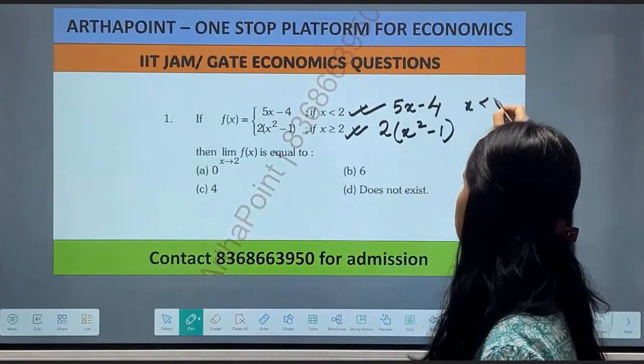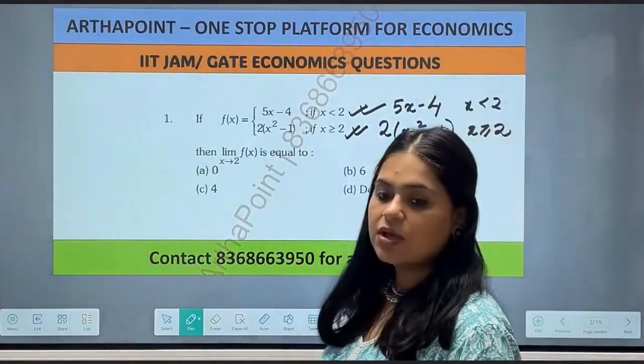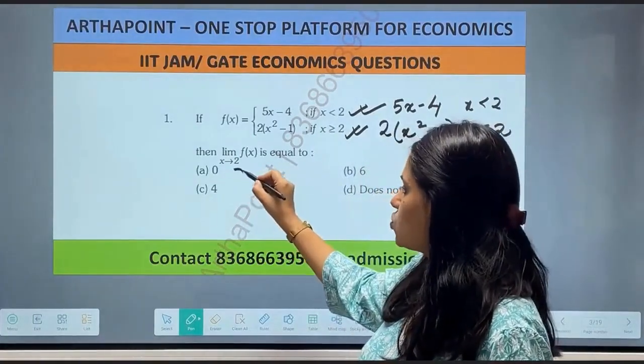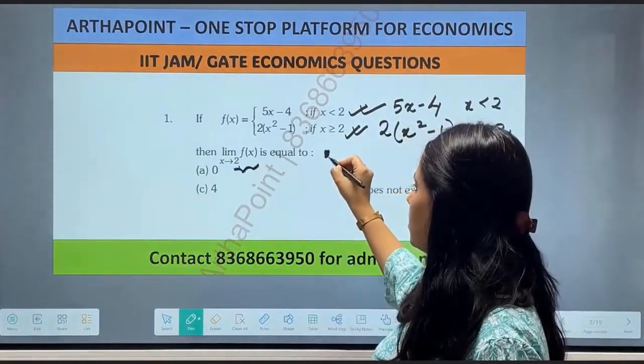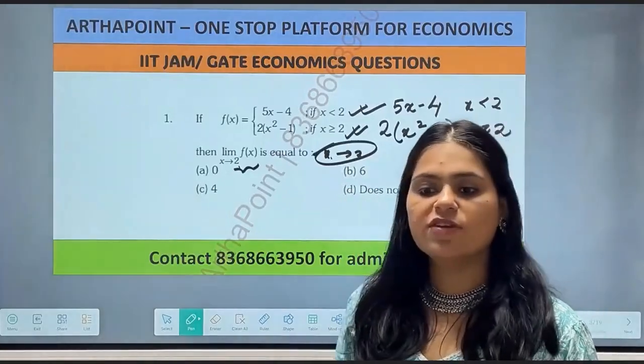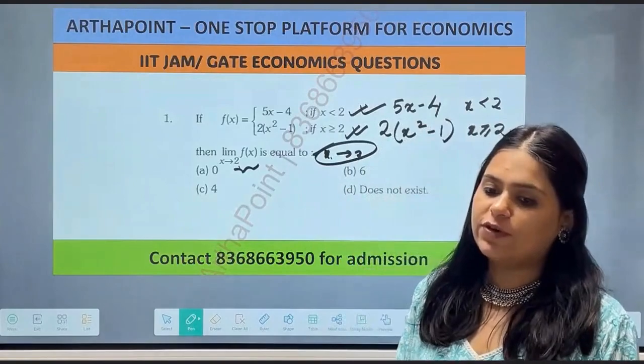So this is when x is less than 2 and this is when x is greater than or equal to 2. The aim is to go ahead and find what happens to the function when limit x tends to 2. So when x tends to 2, you need to give me the answer as to what would be the value of the function.